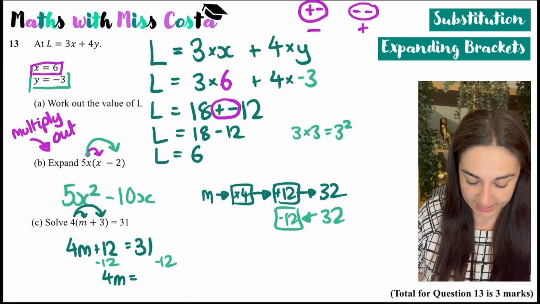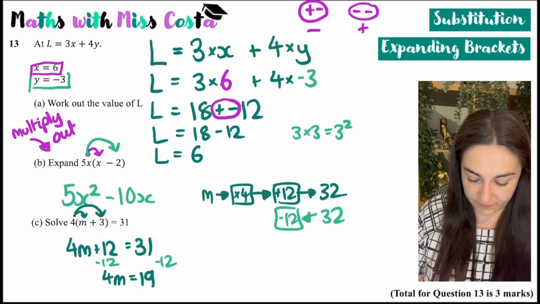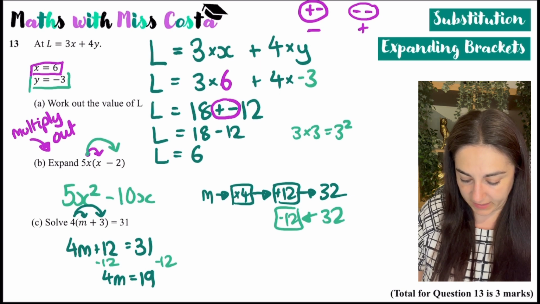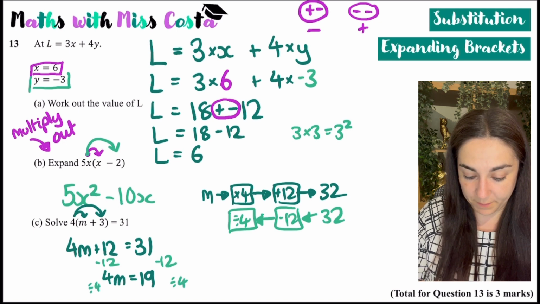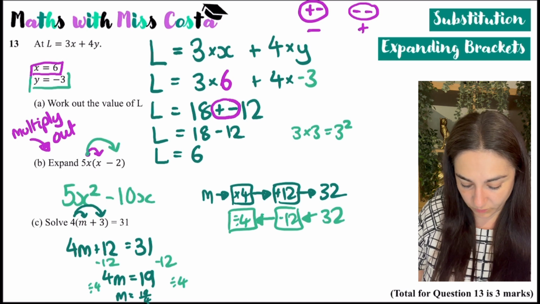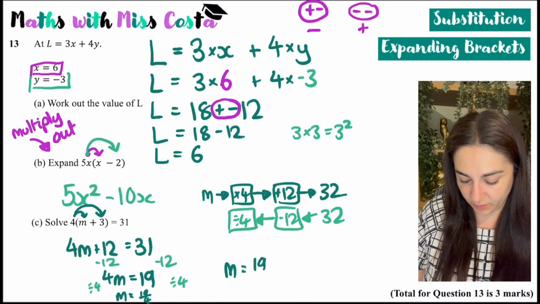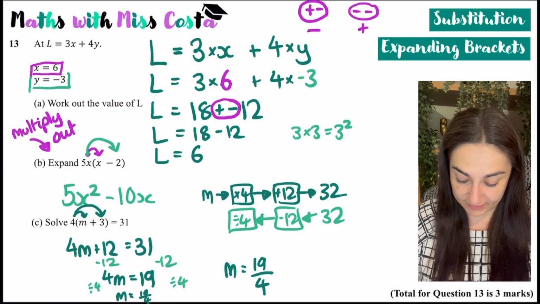So 31 take away 12 is going to be 19. And then what do I have to do? The next bit would be I'd have to divide by 4. So remember last time we said don't worry about it needing to be a whole number. So m is 19 over 4. You could work out the value, but you could also leave it as a fraction.